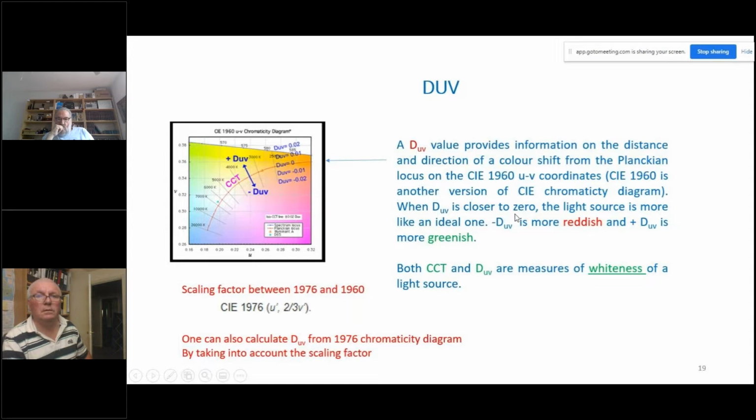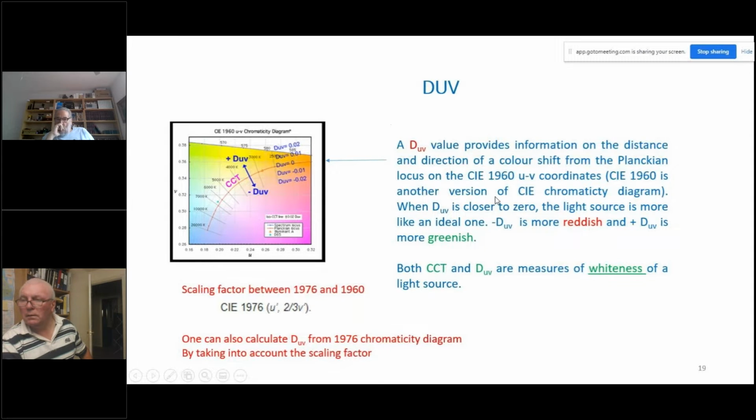When it's negative, the light source is more reddish. When it's positive, the light source is more greenish. So it's important to know whether it is above the black body or below the black body. Both CCT and DUV are a measure of whiteness of a light source.